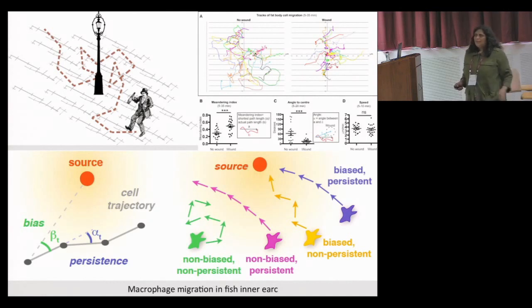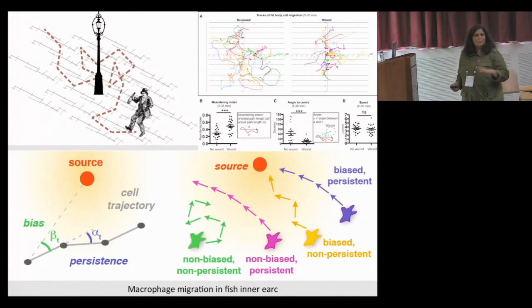And so again, I think Vijay will try and cover aspects of random walks and that sort of thing in his classes, but I just want to say that what appears quite clear is that the source, which may be a wound or a bacterium, can influence the trajectory a macrophage takes.